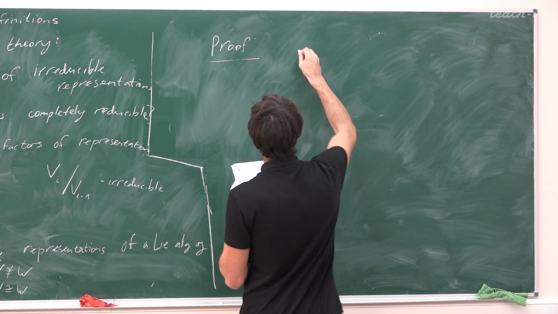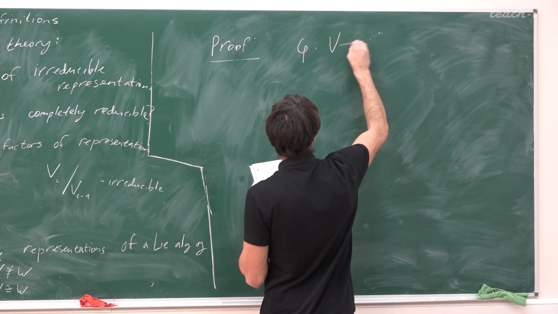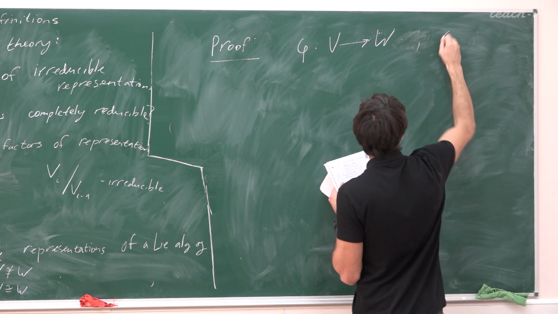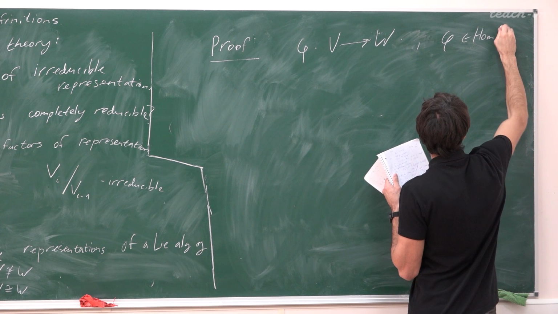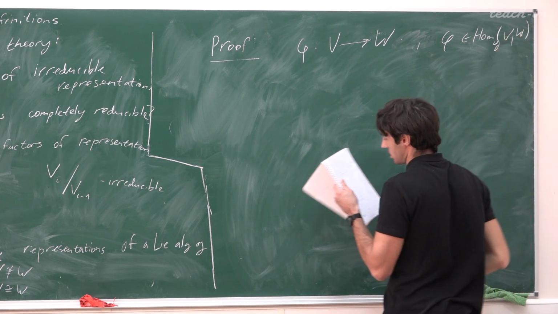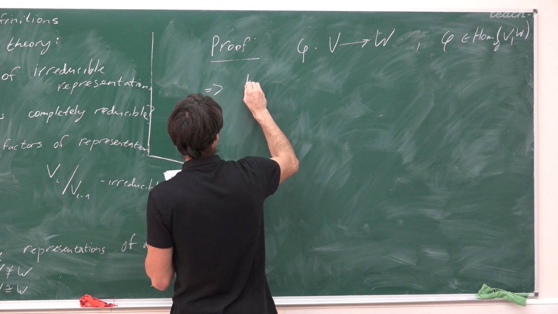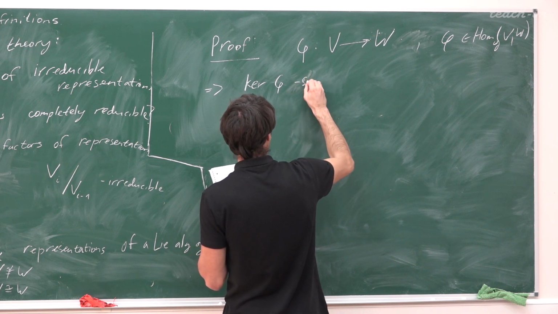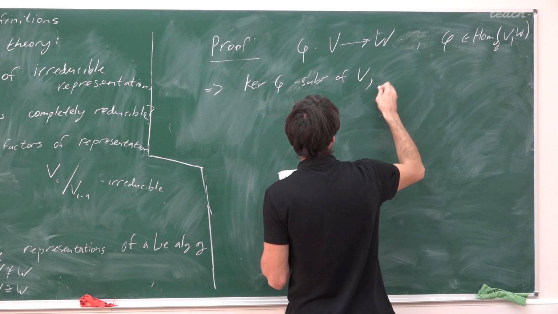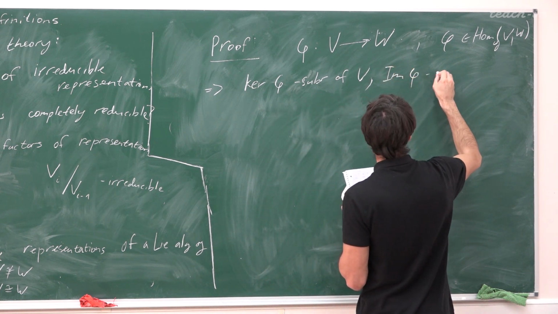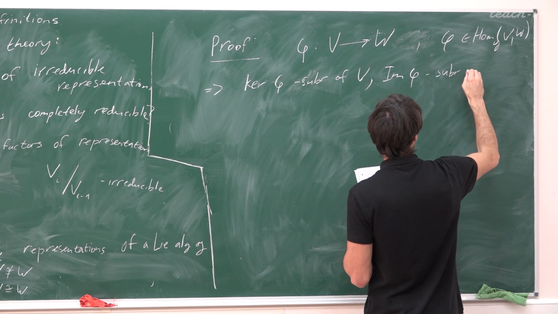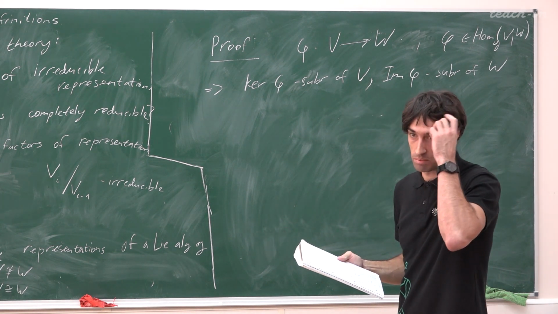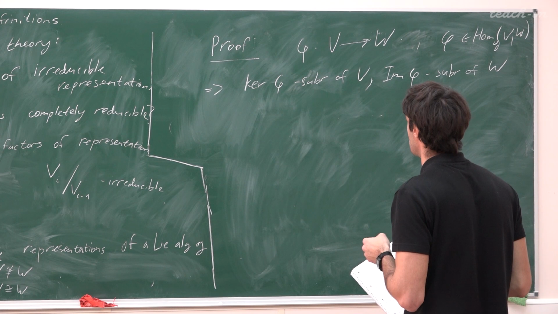The first observation is that if I have a homomorphism of representations phi, then of course the kernel of phi is a subrepresentation of V, and the image of phi is a subrepresentation of W. This can be checked very easily.